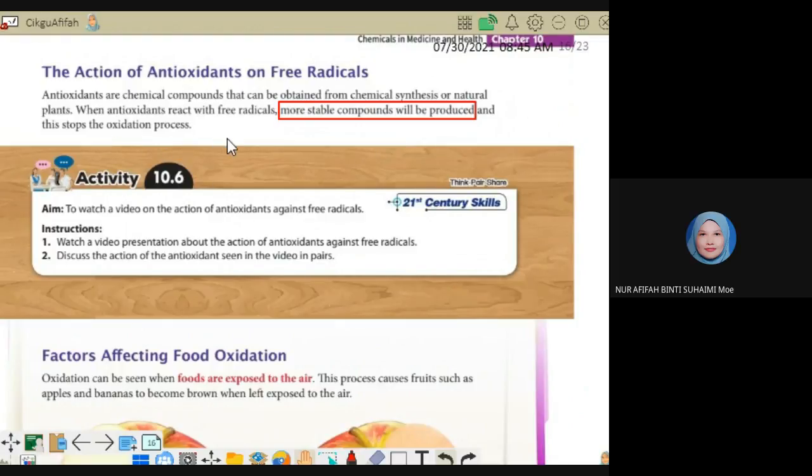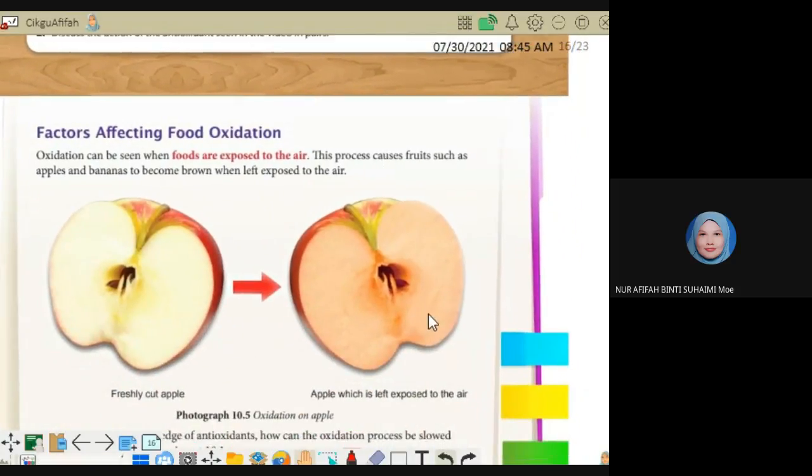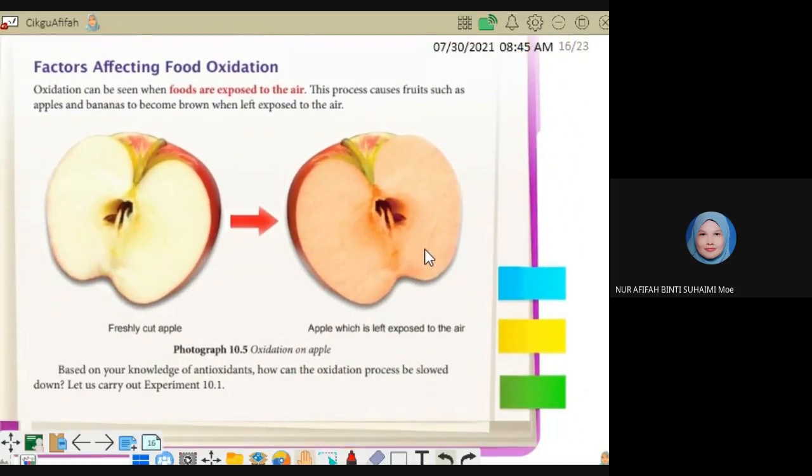Now that's why you need to know what is free radical first. Okay, and to prevent free radicals, we need to take antioxidant to stop the oxidation process. Okay, contoh oxidation process apa dia? Okay. Factors affecting food oxidation. Okay, contoh dekat sini, oxidation can be seen when foods are exposed to the air. It becomes brown.